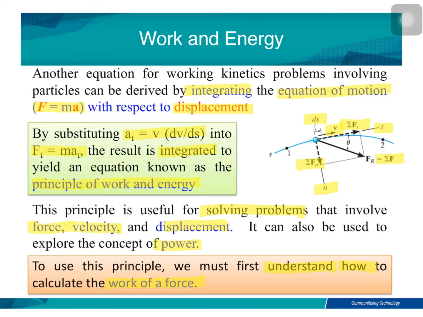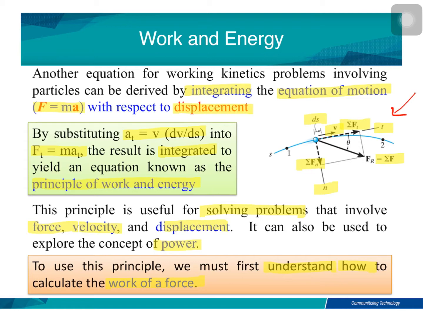Now we go through the work and energy. Another equation for working kinetic problems involving a particle can be derived by integrating the equation of motion, F equal to ma, with respect to the displacement. You may see this figure, where we have the particle, and when the particle moves, we have the displacement.